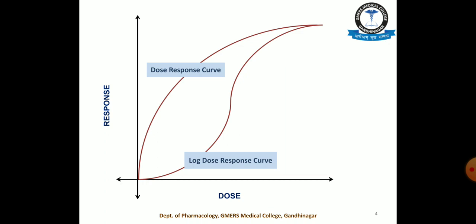The points of the dose response curve remain here also: initially, whenever you increase the dose, there is an increase in the response, and after some time, even if you increase the dose, the rate of rise in the response is not as much as before, and finally it reaches a peak. But there is another difference: in the middle portion, between 30 to 70%, there is a linear relationship between the dose and the response.